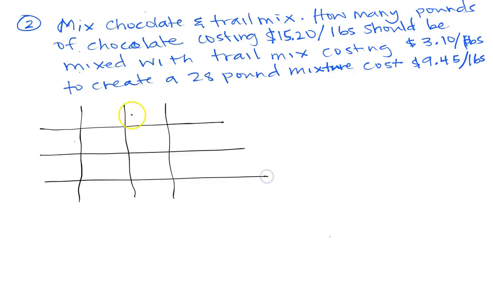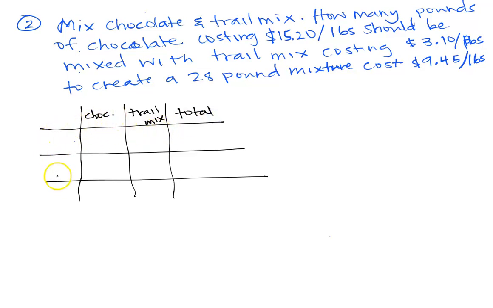So along the top, I put the things that I am mixing together: chocolate and trail mix, and then the total would be those two things combined.